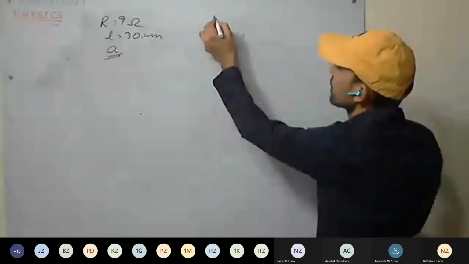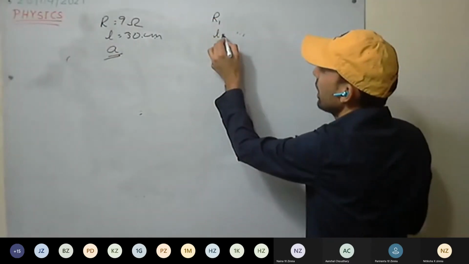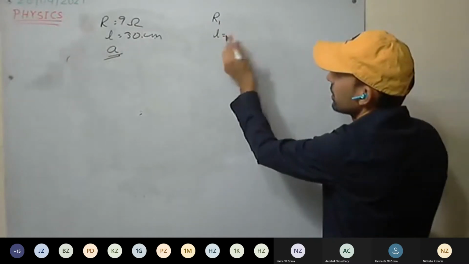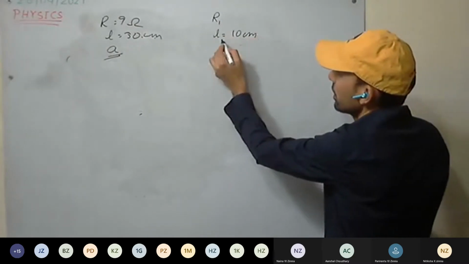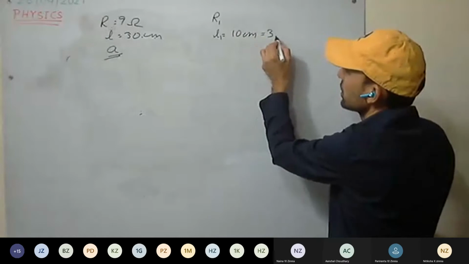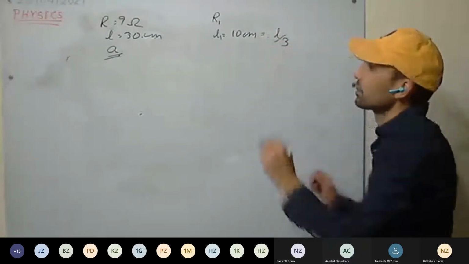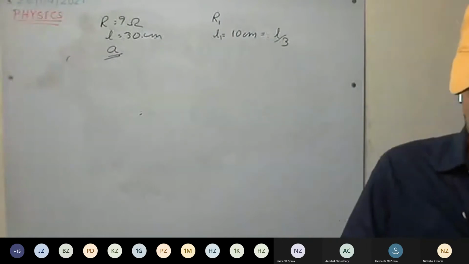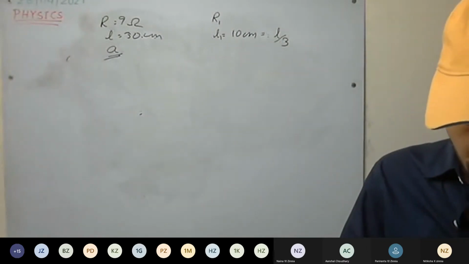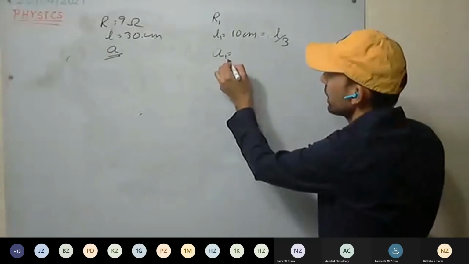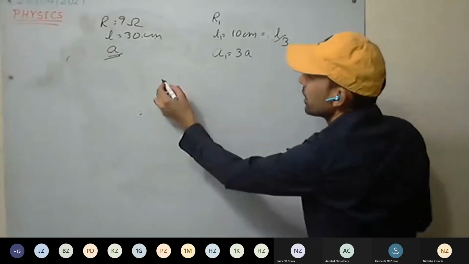Now new resistance R1. The length has been tripled on itself, so the length will become 10 centimeter, L1 equal to L by 3. And the area of cross section will be A1 equal to 3A.